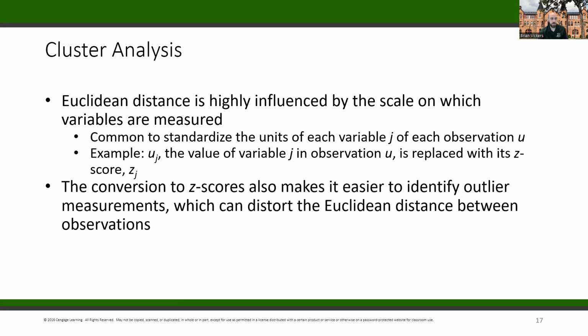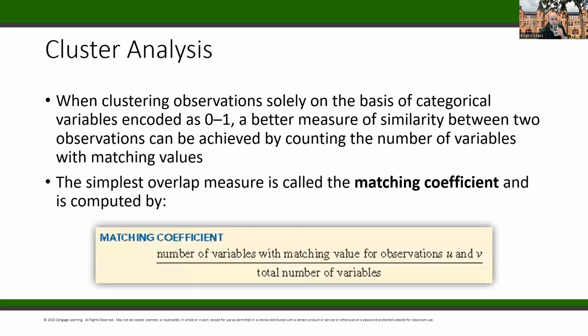So it is influenced by the scale. There's a way to convert these to z-scores so that you have a more relative distance. It relativizes all of the various variables into a similar method to tell the distance apart between these observations and to help us do the clustering.